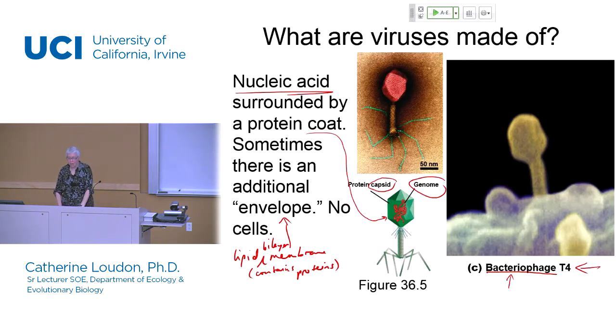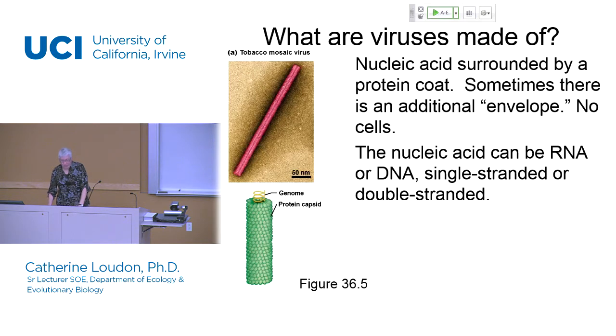But let's check out another type. This is another panel from the same figure, still figure 36-5, and this shows another kind of virus. As already pointed out, the text in the top half of this paragraph here is exactly the same as what was on the other slide.